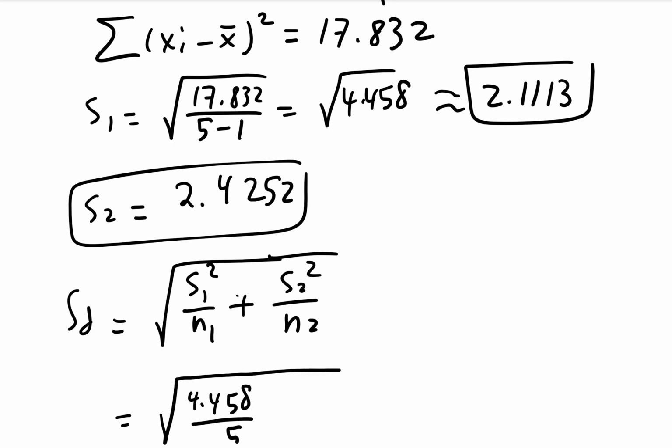That is 4.458 over 5 plus, if we square 2.4252, you get about 5.8815 over 5.